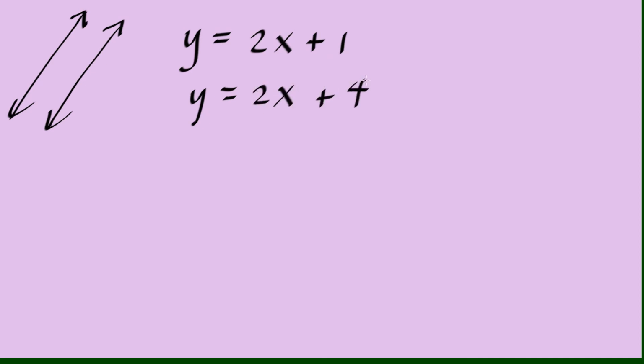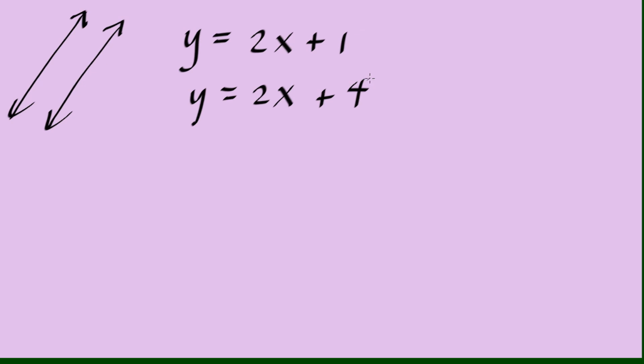Now, when the lines are parallel, let's take two equations, but I'm going to give you the equations already in the y form. So y equals, say, 2x plus 1. The other one is 2x, let's say, plus 4.